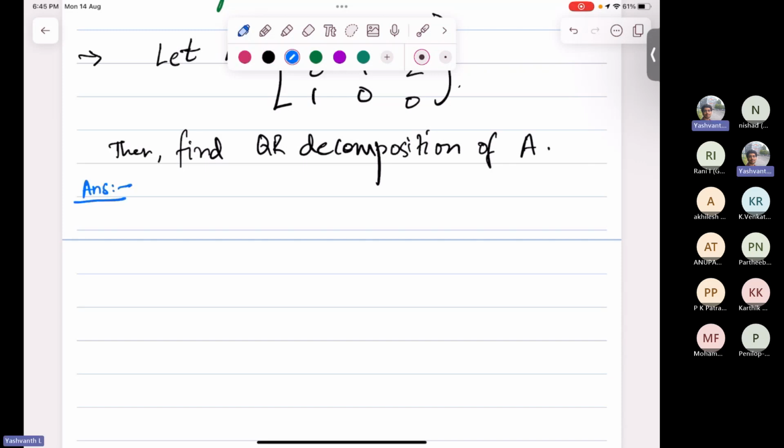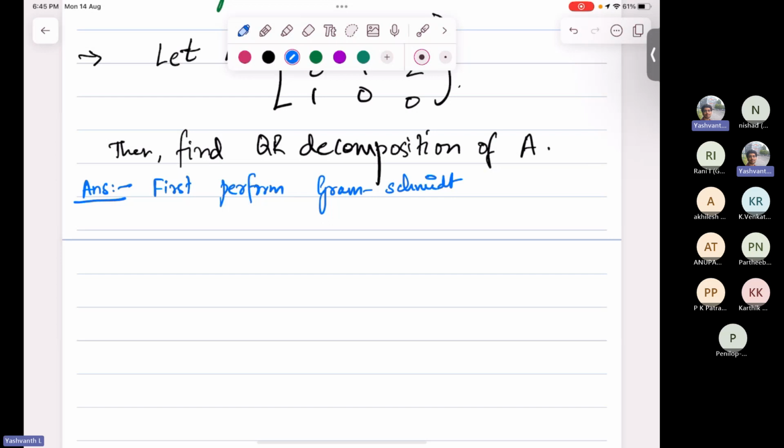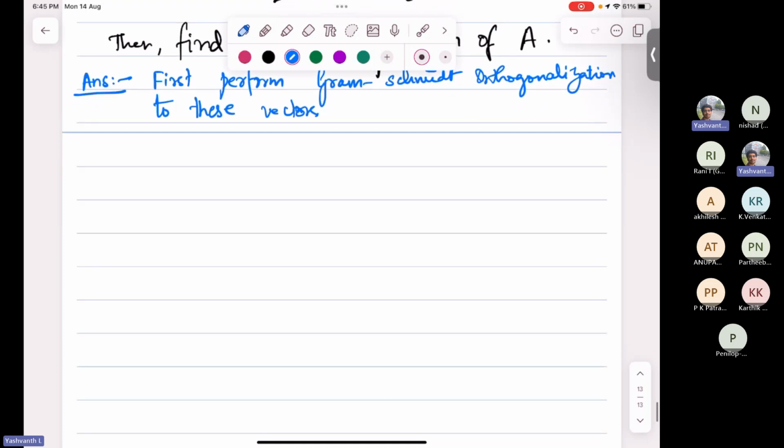Let's first perform the Gram-Schmidt orthogonalization on these vectors. What are these vectors?